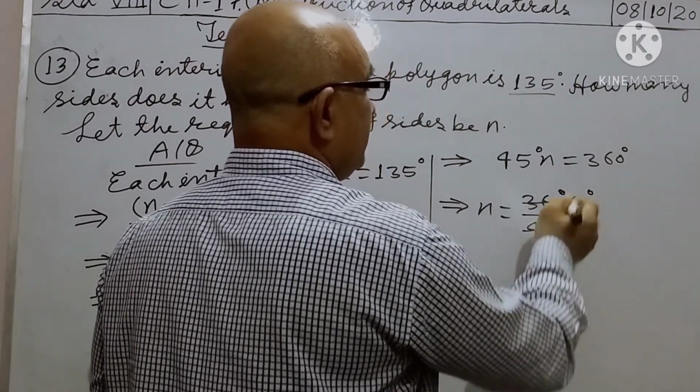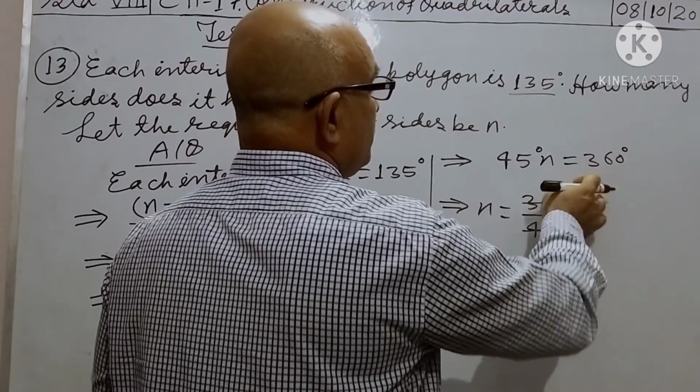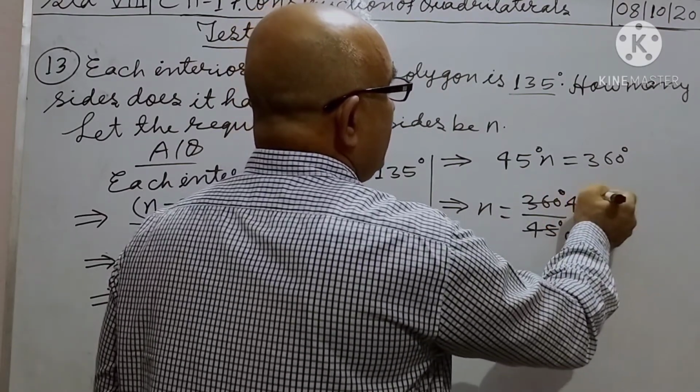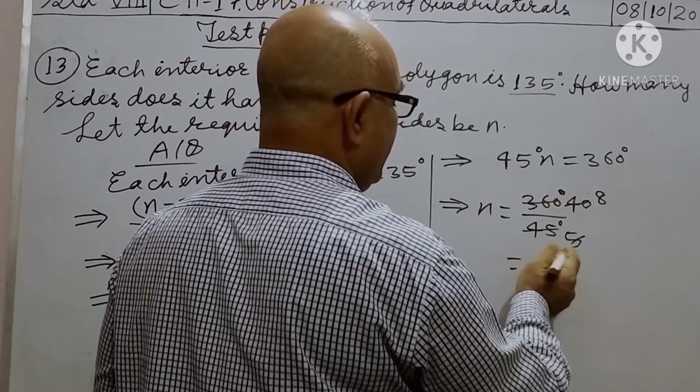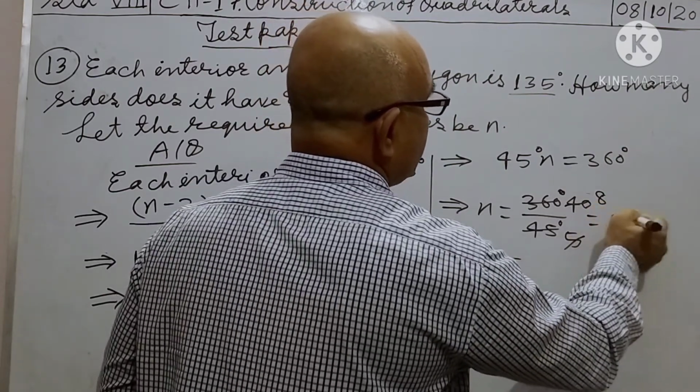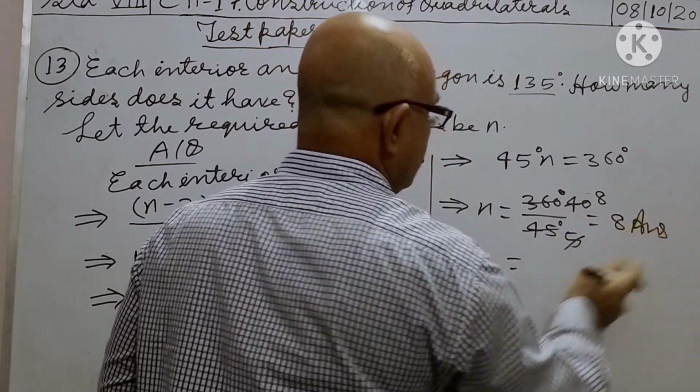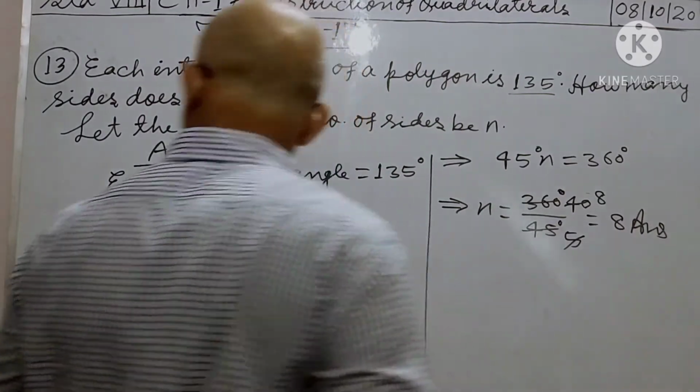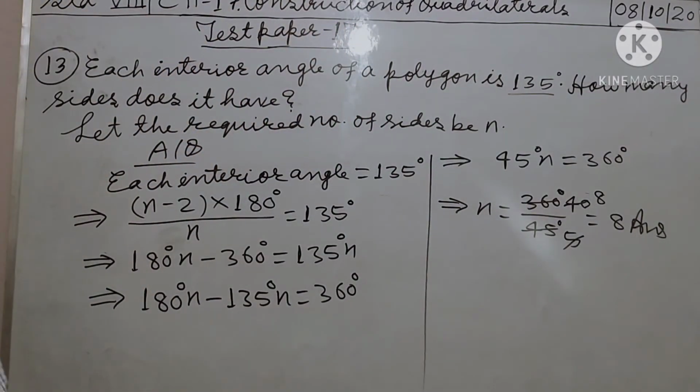Degree cancels with degree. So n equals 8. Answer of this question. Students, understand and write it.